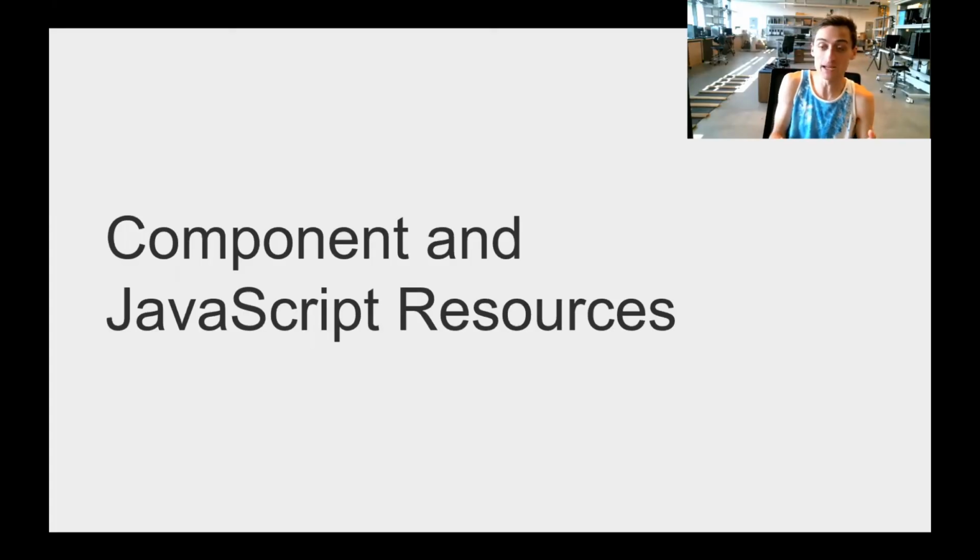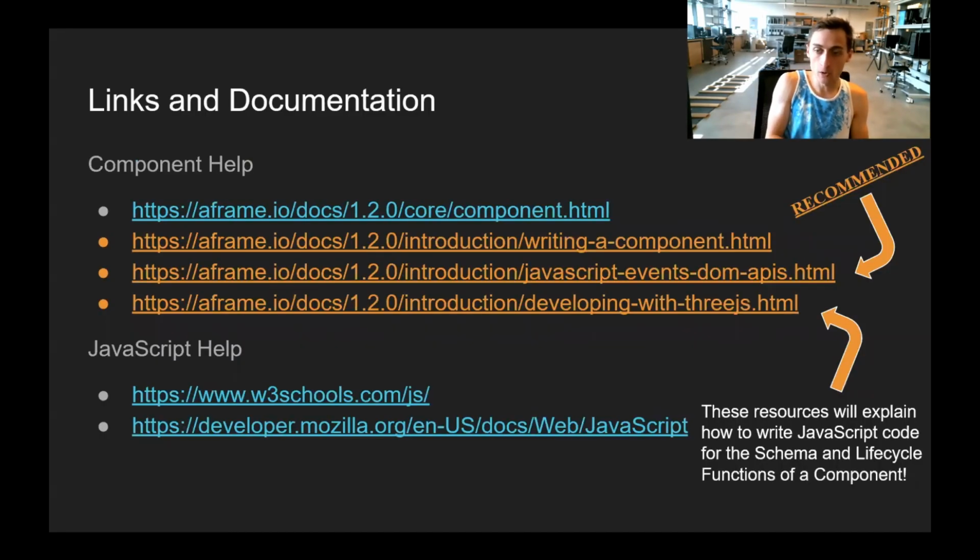All right, and that's basically it for the components. Now, I'm going to go over this a little bit. The links or the documentation that is highlighted in orange, I highly recommend you go over these. I would almost even consider it like an assignment to just at least glaze over these.